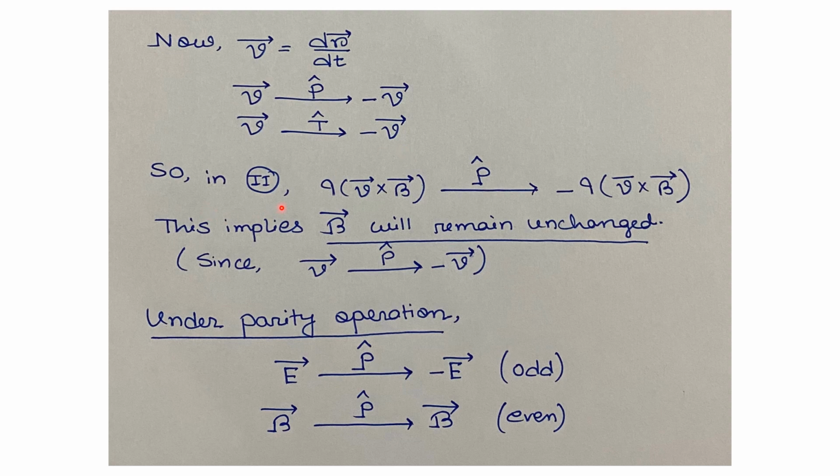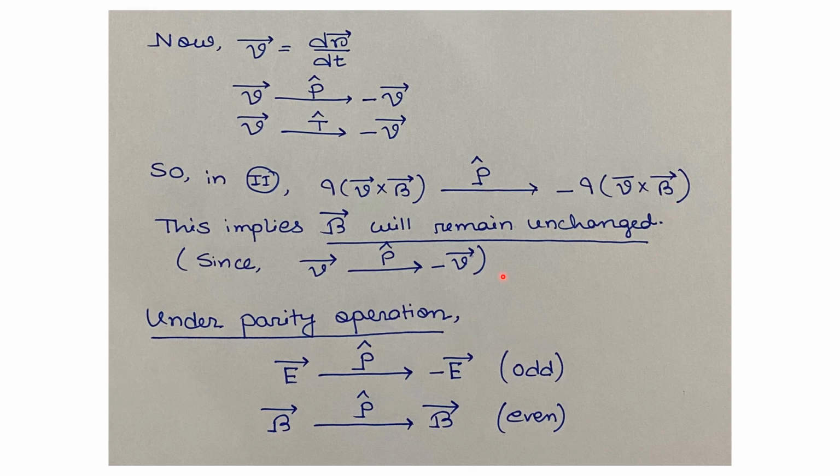Now in 2, the term q into v cross B, under parity operation, will change its sign because force will change its sign. It means the magnetic field vector will remain unchanged, because velocity is changing its sign, so that will give the negative sign here. So B has to be invariant under parity operation.